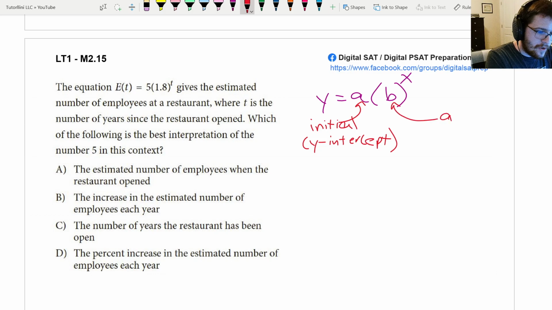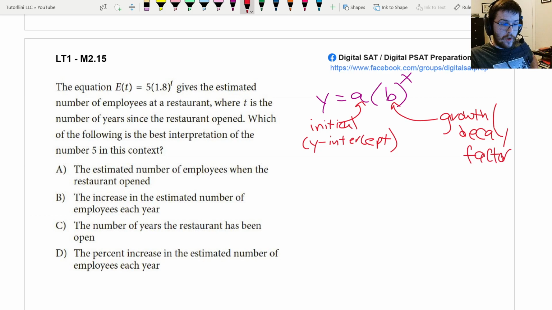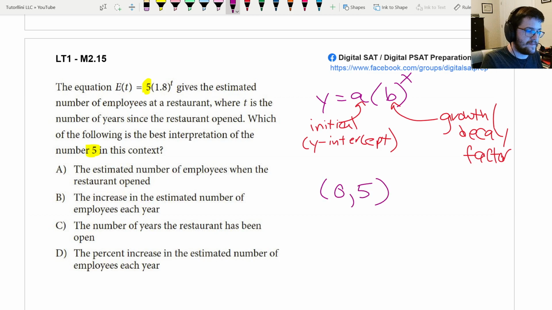And b is your growth or decay factor, which is the number the y's are getting multiplied by when x goes up by 1. Well, they didn't ask us about that. We don't need to worry about that. They just asked us about the 5. As you can see, 5 is the number in front, which is our initial value, or our y-intercept. So the y-intercept is 0, 5.